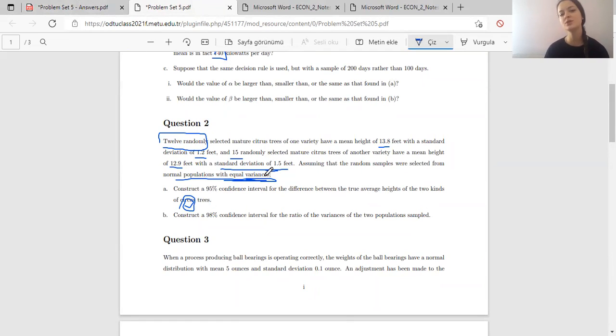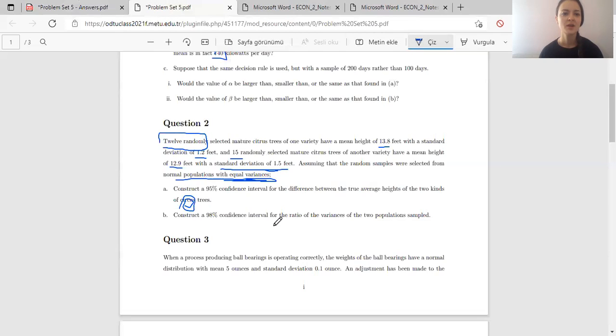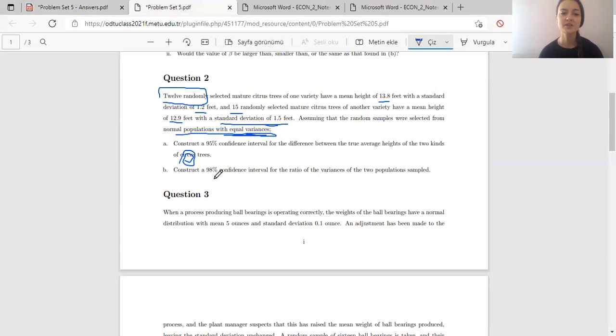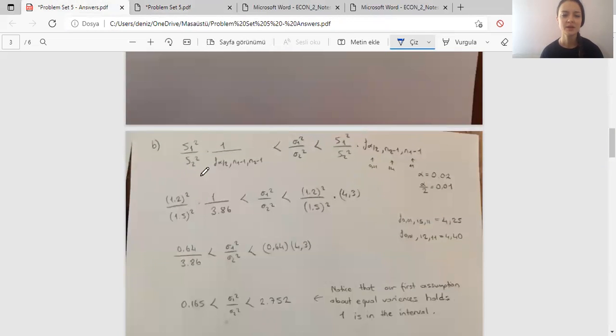I mean, we're not going to use it, but we'll see that this assumption holds. In part B, we're going to construct a 98% confidence interval, but for the ratio of the variances. In the first one, we did the difference of means, and now we're doing the ratio of variances, and it is also a formula, which is as it's in here.